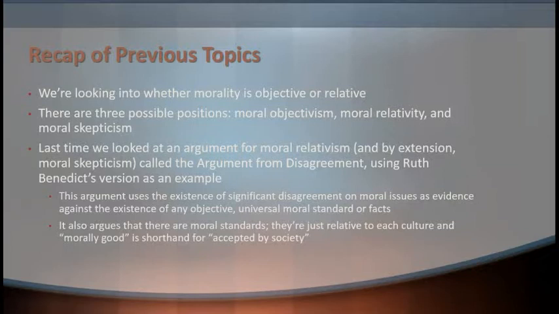It just says that they're relative to and dependent on the beliefs of each individual culture. And it generally argues that what's morally good is a shorthand for accepted by society. If you take it a little bit further, you can use the argument in support of moral skepticism, but mainly Benedict focused on and supported moral relativism.